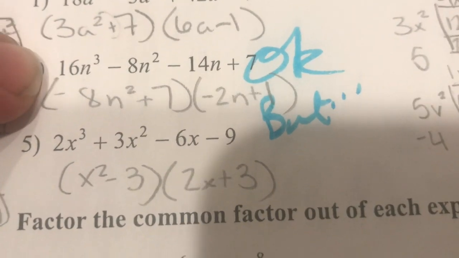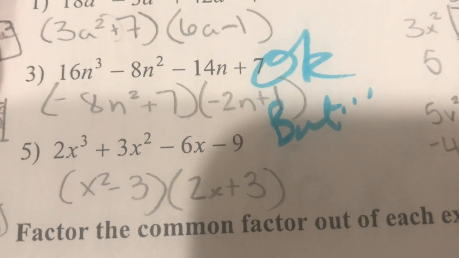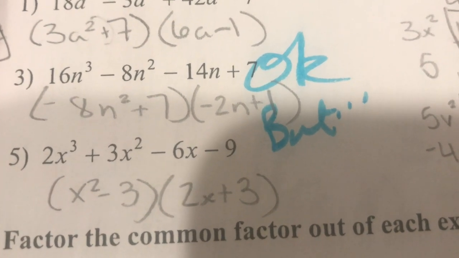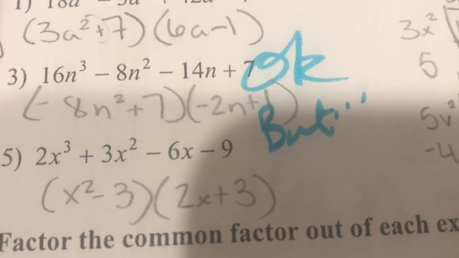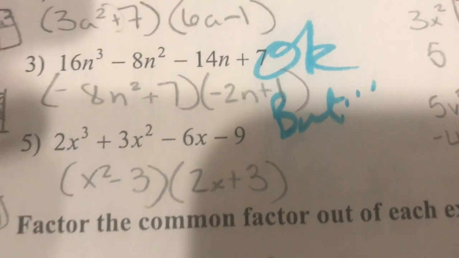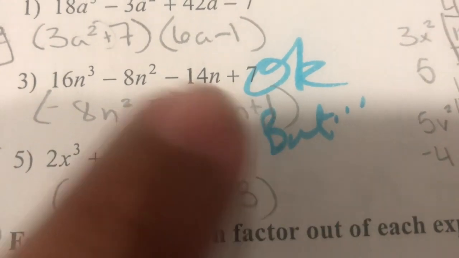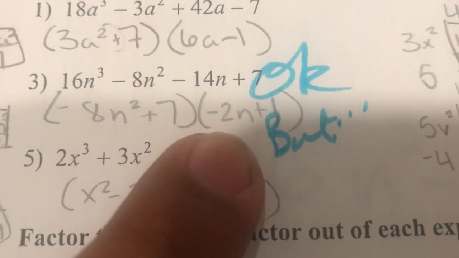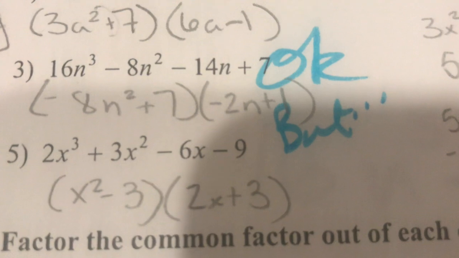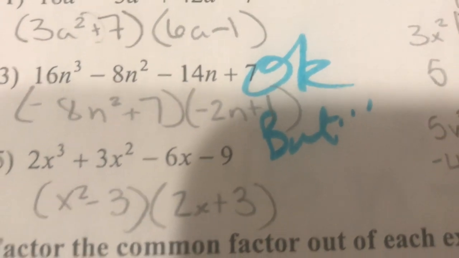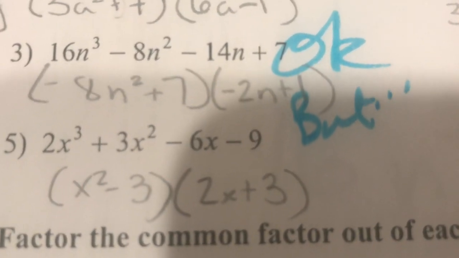So if I take a look at number 3, where it said 16n cubed minus 8n squared minus 14n plus 7, several people actually factored that out as negative 8n squared plus 7 times negative 2n plus 1. And technically that's true. Technically that will get us the product that we have above.